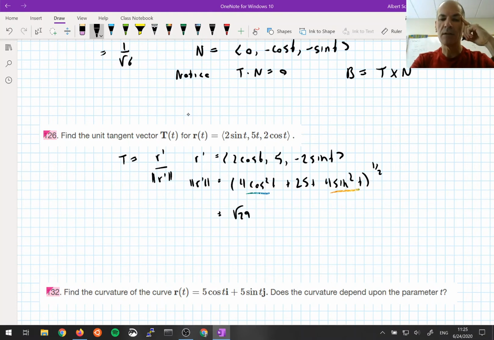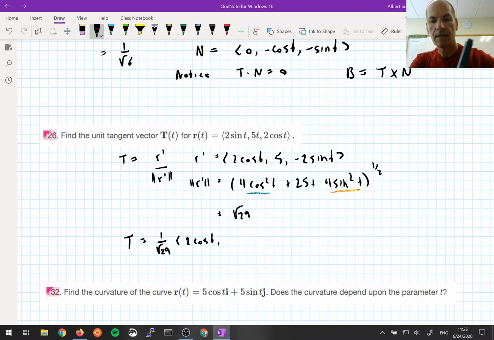So the magnitude of r prime is just root 29, and T is r prime divided by root 29. So 1 over root 29, 2 cosine t, 5, minus 2 sine t. And there's our unit tangent vector.